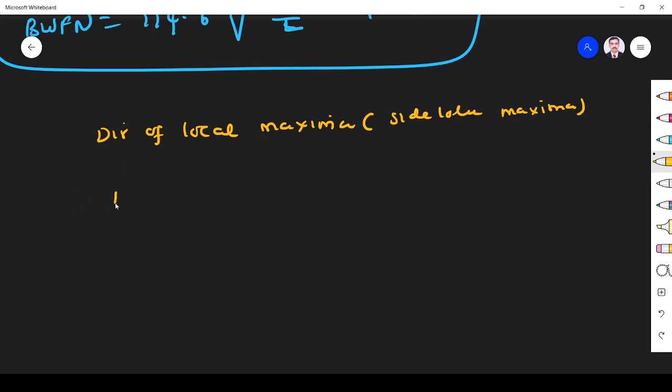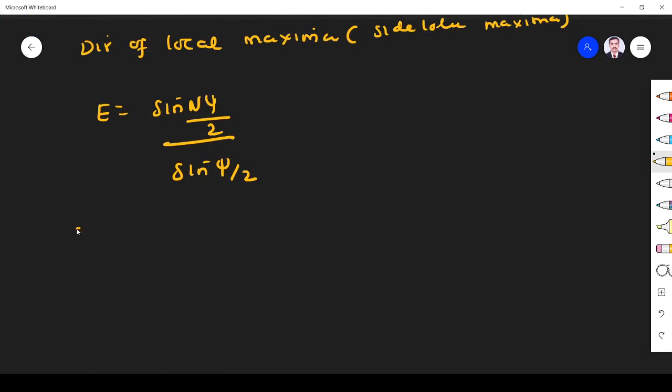As usual, we start with the uniform linear array: E is equal to sine n psi by 2 divided by sine psi by 2. Side lobe maxima occur where the numerator equals sine pi by 2, 3 pi by 2, like that.